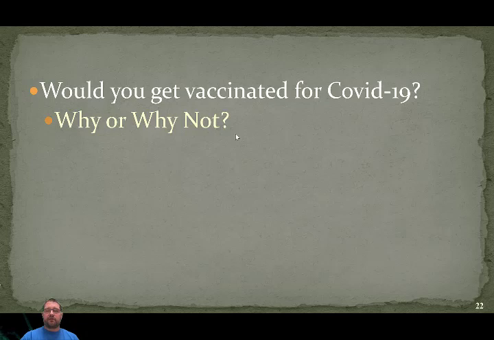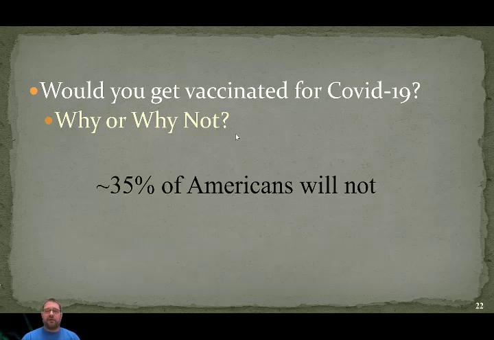As of today, the newest report is that 35% of Americans will not get vaccinated for COVID, even if it's free. Even if you do not have to pay for it, 35% of Americans will not get the vaccination. Okay? Are you part of that 35%? Why? Okay. We'll talk about this later.